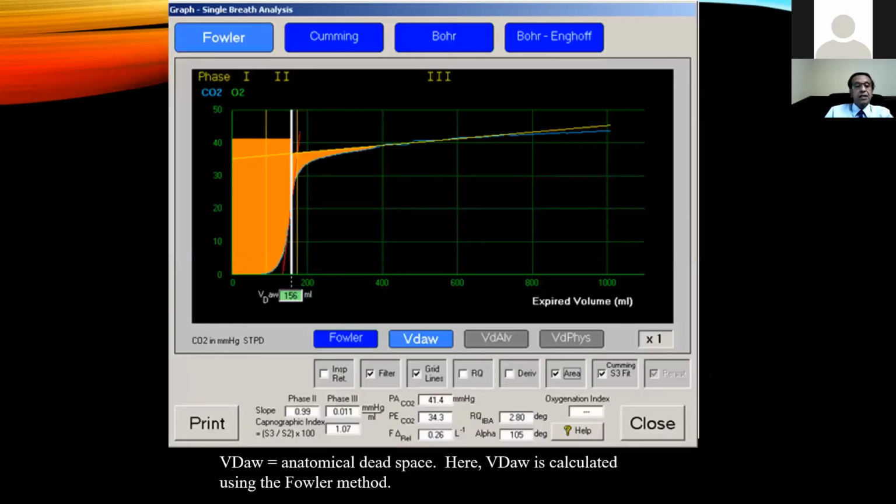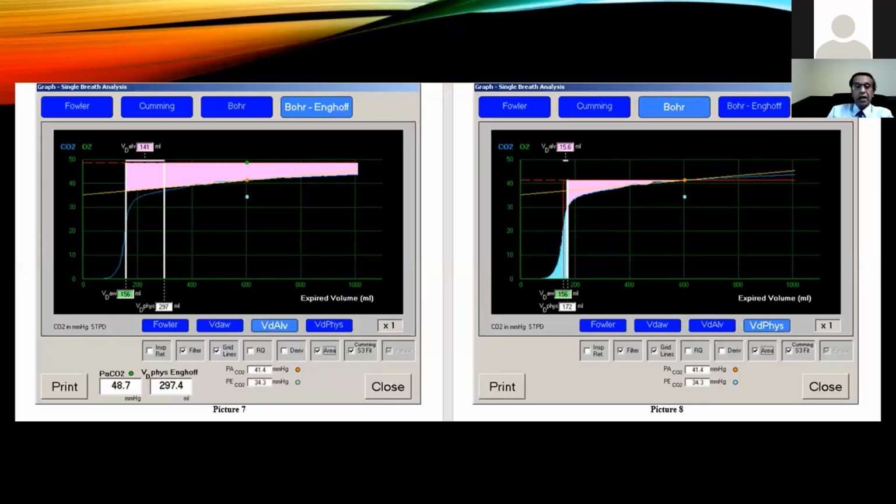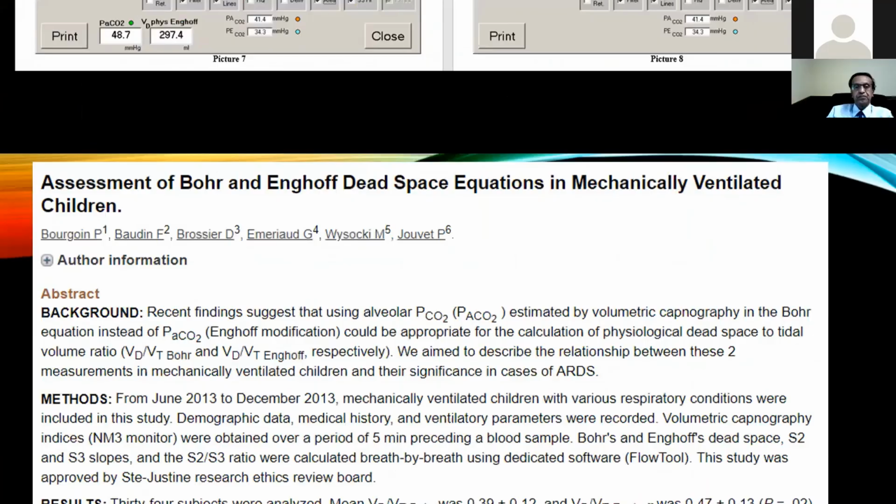And it gives you additional information about the Fowler's dead space, the Cummings dead space, and also the Bohr dead space and Bohr's and Enghoff's modification of Bohr's dead space. So nowadays these devices are coming into our clinical practice, where we can measure the components of physiological dead space non-invasively, breath by breath, in the ICU patients.